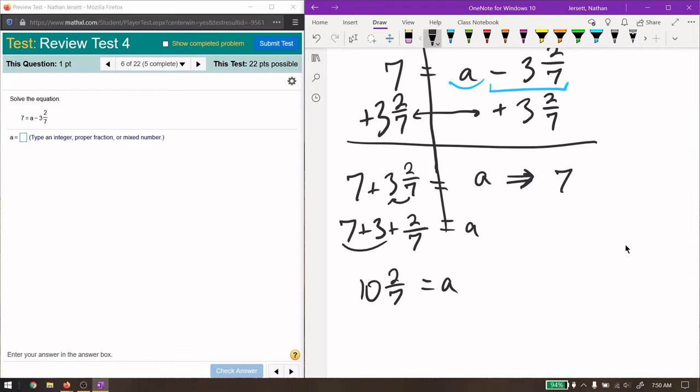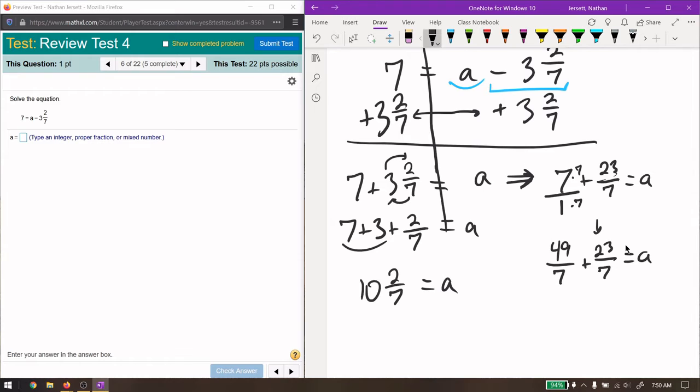7 times 3 is 21. 21 plus 2 is 23 over 7, plus 7. Now I need to get this 7 to be over 7 as well, to have common denominators. I'm going to multiply by 7 on top and bottom. And that gives me 49 over 7 plus 23 over 7.